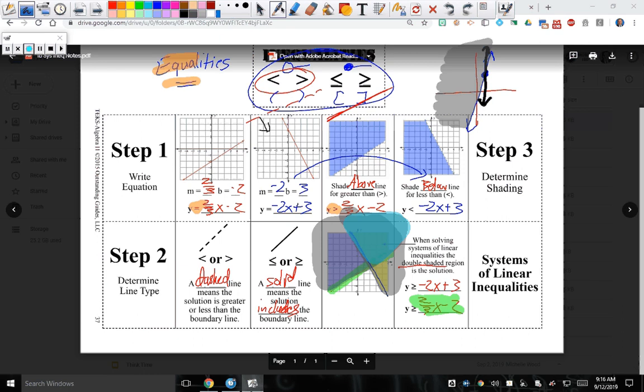So let's go back a little bit. What we've done before, what we did with warm-up today, an independent system of equations has how many answers? 1. An inconsistent system of equations has how many answers? 0. And a dependent, where they lie right on top of each other, has how many answers? Infinite. How many answers can we have with inequalities?